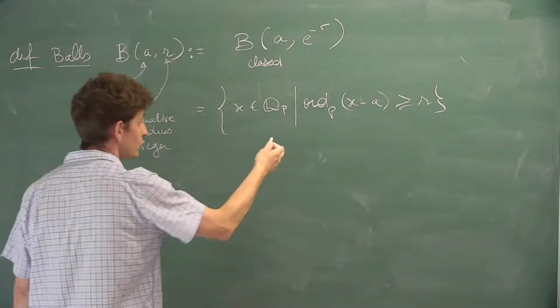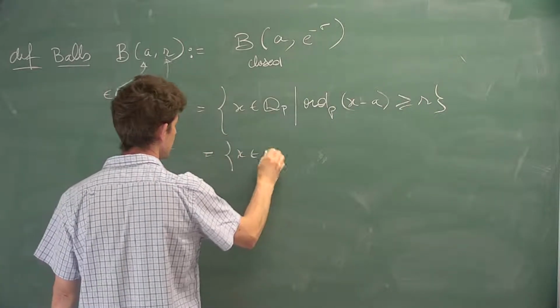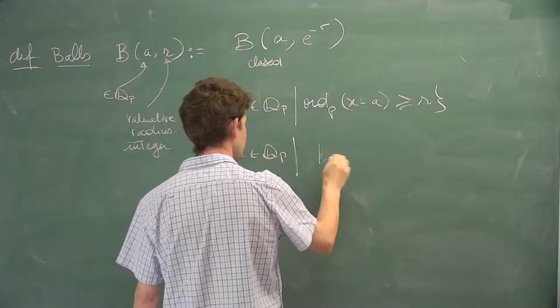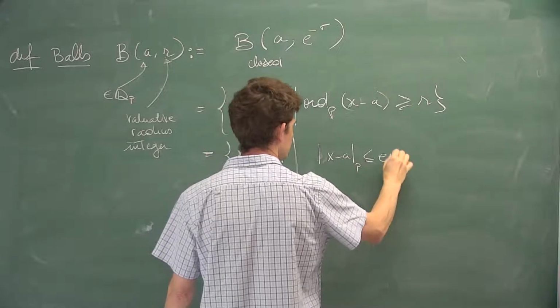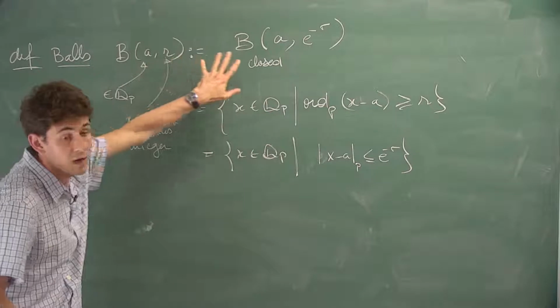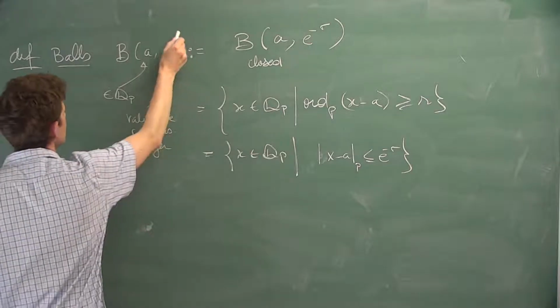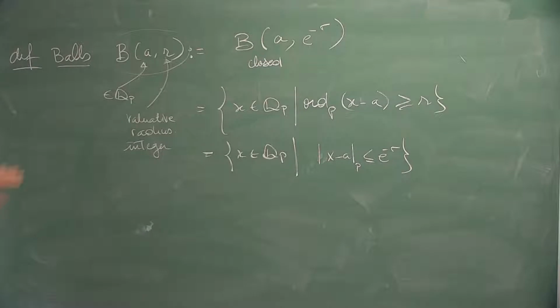And if you write the definition of the p-adic absolute value, this is exactly the same as the set of p-adic numbers such that the absolute value of x minus a is lower than exponential minus r. Okay. So that's why you have the same thing. But when you do non-Archimedean geometry, it's more sympathetic to work with this kind of notation. So all the time I will use it.